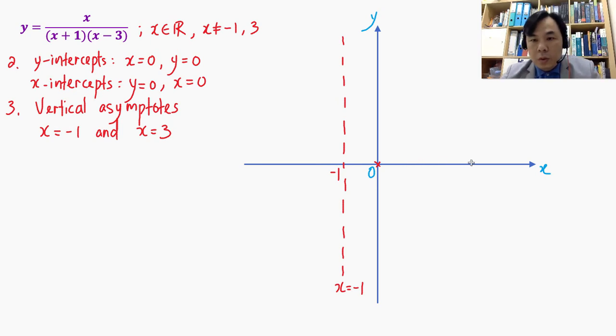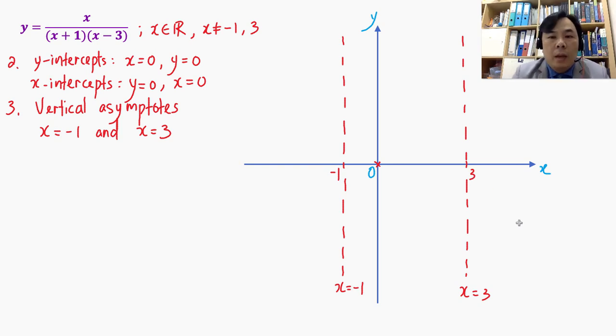One, two, three, roughly somewhere here. And then as usual, we also found the horizontal asymptote.